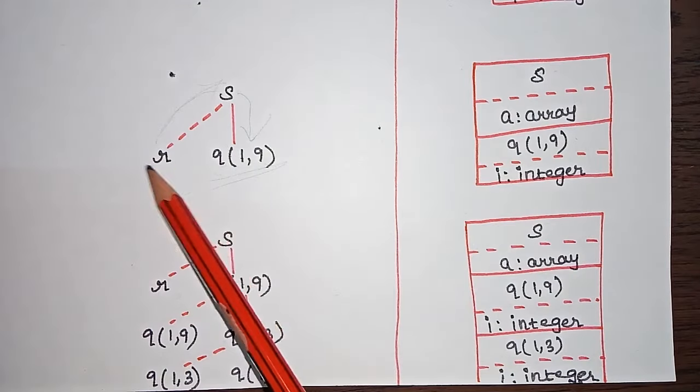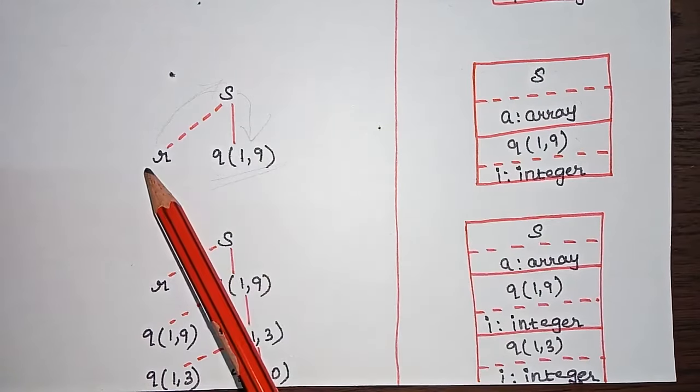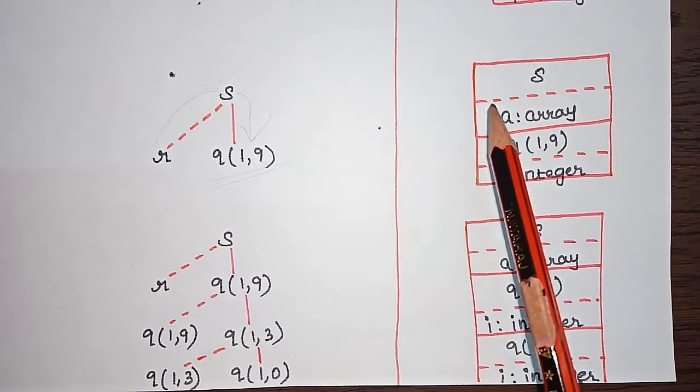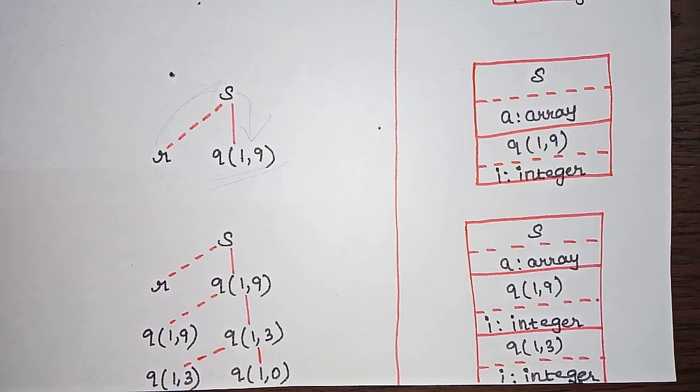If you look at R, the procedure R is popped out from the stack, because it has ended its execution. Then coming to the next tree, in the next step you can see that procedure R is already terminated, and Q is also already terminated.